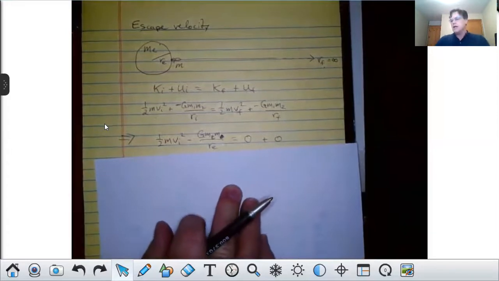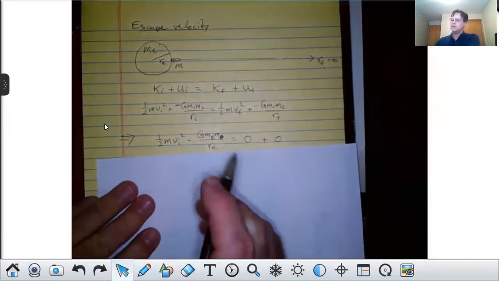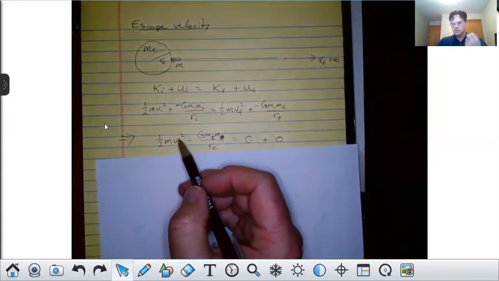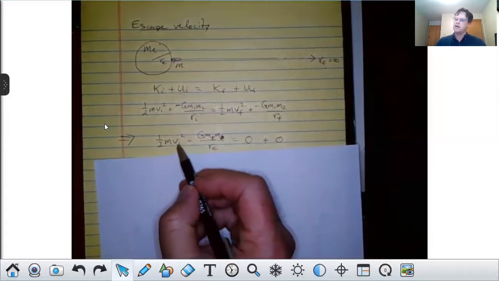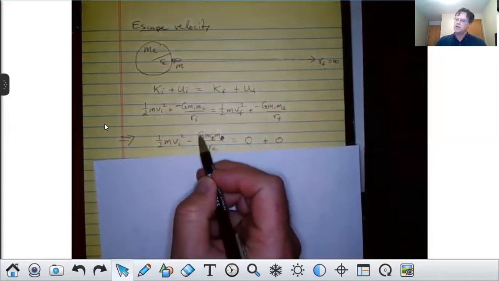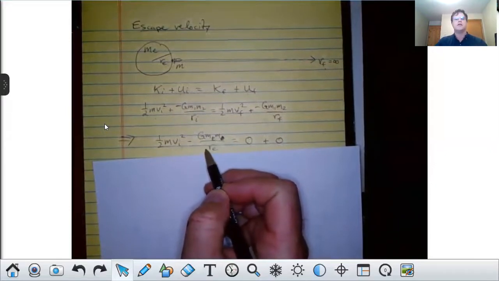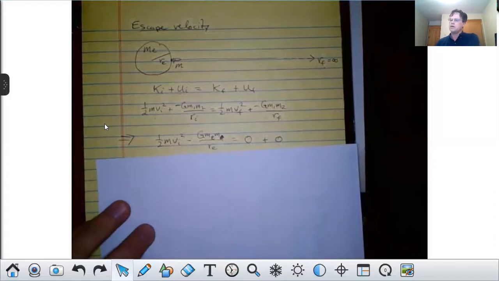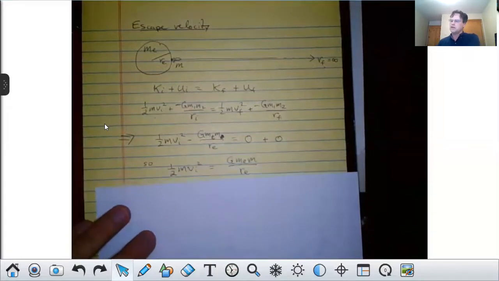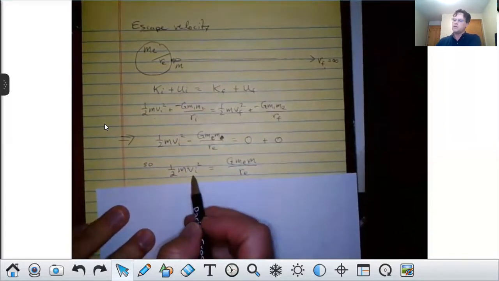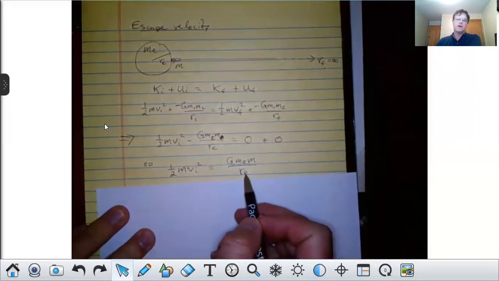This might look a little strange, but this is often what happens when I'm stuck to the Earth, right? I've got to have enough kinetic energy to get out of this potential hole, this negative potential energy that I have. So if I just rearrange this, I see that 1/2 m v_i squared equals G M_E m over R_E.